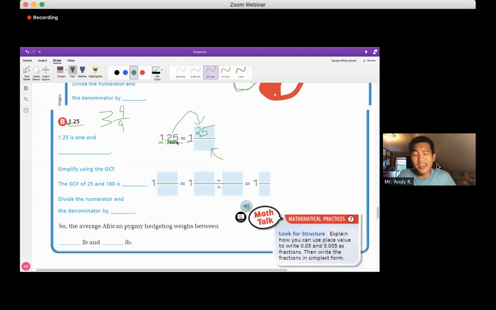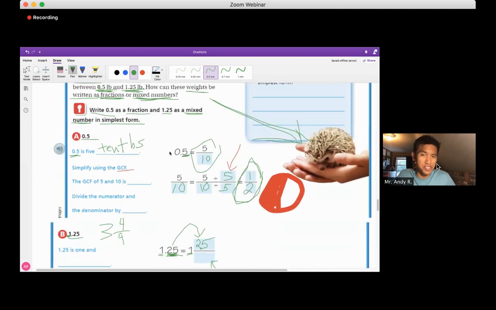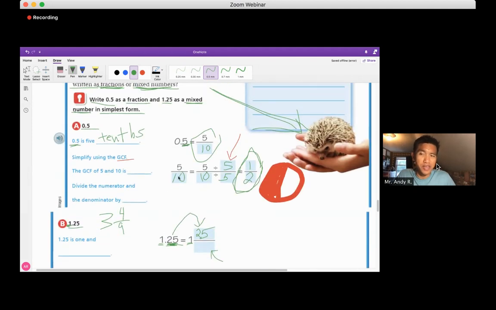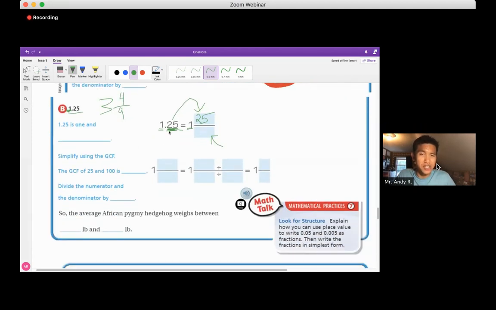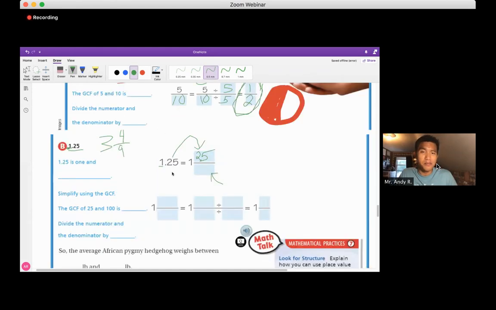Unlike the last problem, which only had 5, so that was easy, this one has 2 and 5. So we decide the place value by just going with the last digit. So this 5 is the last digit of all of this.